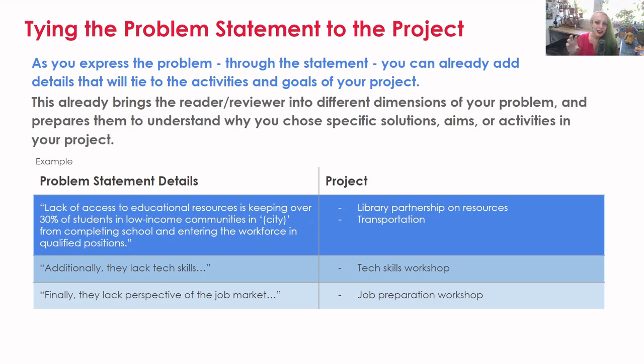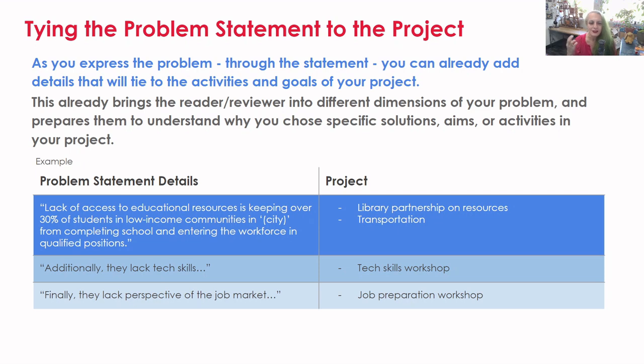So the project towards that, this is just an example, will create a library partnership on the resources and will give them transportation. Essentially, the project will offer people free transportation to the library, and in the library there will be a special project going on where they will have access to a lot of educational resources that they need to complete school, to get ahead, and to get qualified jobs.